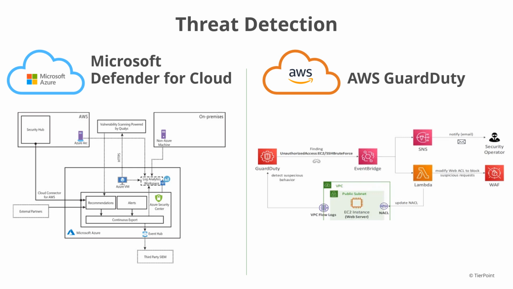AWS approaches this through a combination of Security Hub and GuardDuty. Security Hub handles CSPM functions, managing security posture and compliance, while GuardDuty alongside AWS CloudWatch and AWS Config provide CWPP capabilities for real-time workload protection.